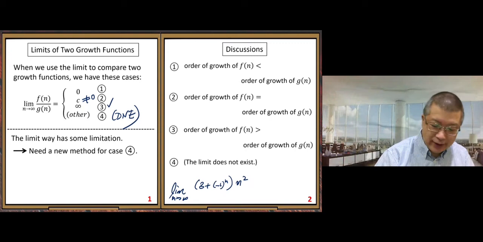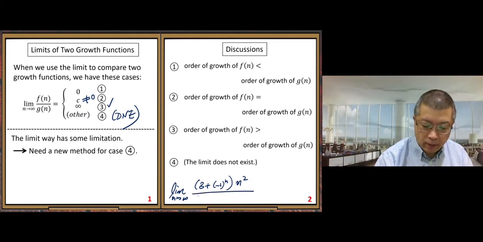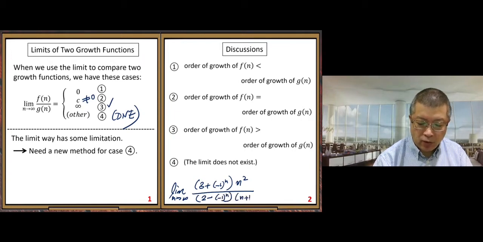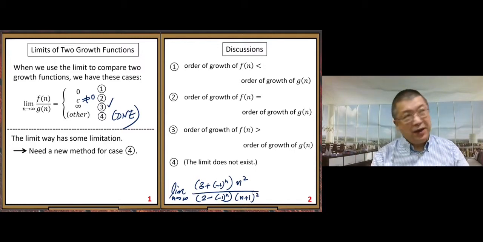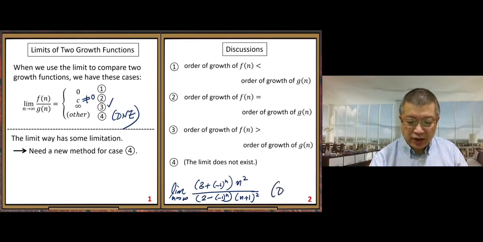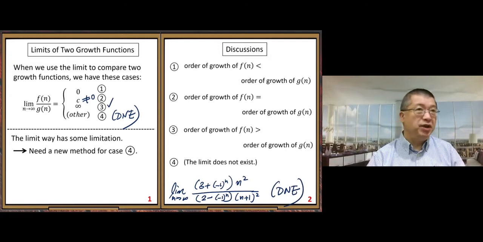The second one: 2 minus... n plus 1 squared. Can you tell me what the limit of this ratio is? You can try. Let me tell you, the answer is that it does not exist. The limit does not exist.